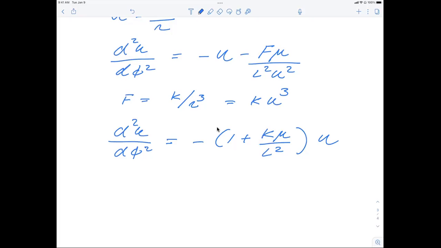So when you see something like that, you don't need to think anymore. You say, I just know the solution. So in this case as well, when you have a 1 over r squared potential, that gives you an analytical solution again.